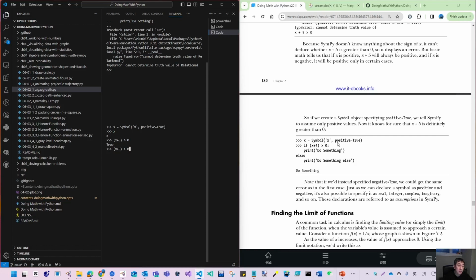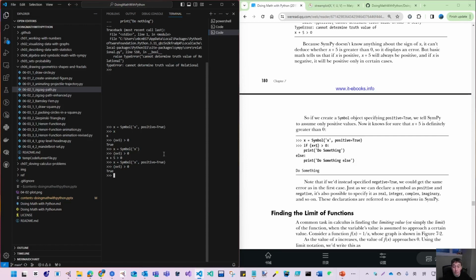If we don't do that before, earlier I have our x like this one. If I do this, I just get a symbolic expression, an equality expression, but it cannot deduce. But once I define x as positive, then I can see x plus 5 is more than 0.